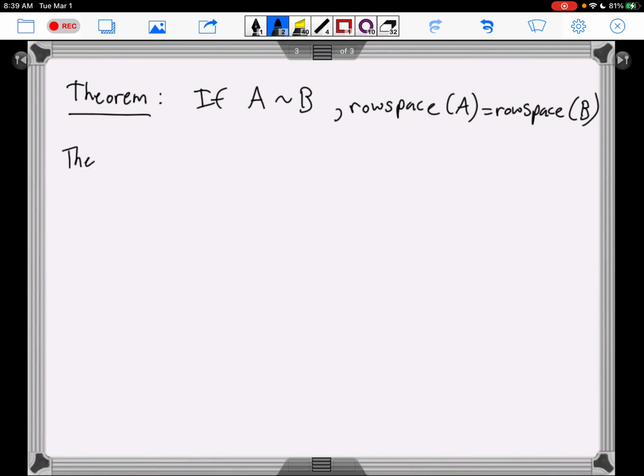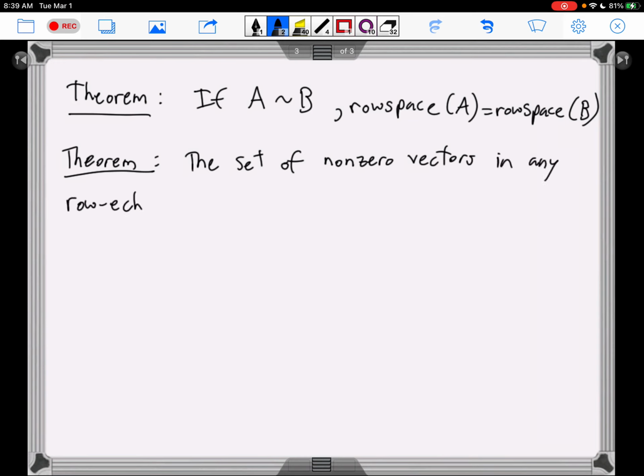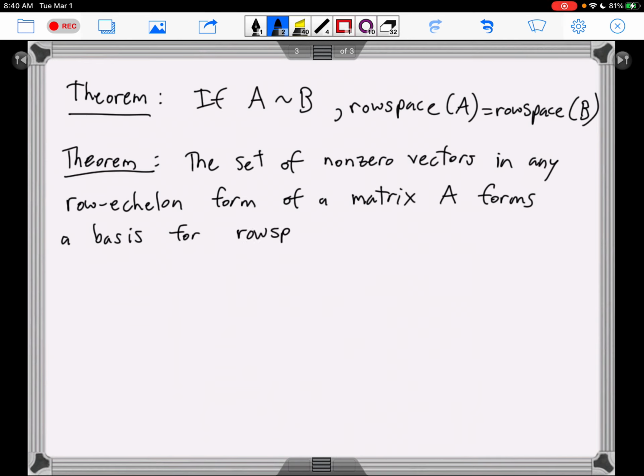So this leads us to the next theorem. This theorem says the set of non-zero vectors in any row echelon form of a matrix A forms a basis for the row space of A. Okay.